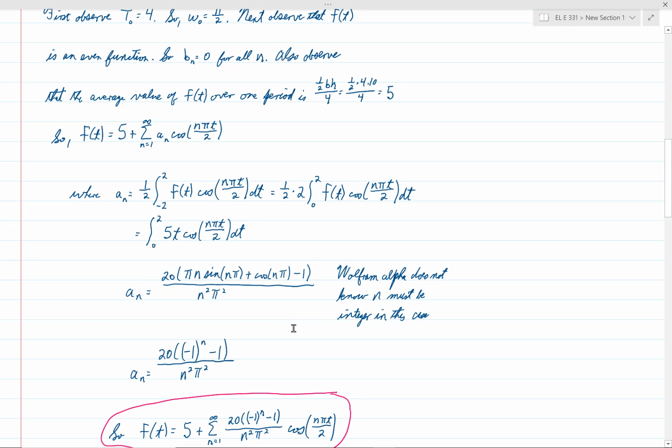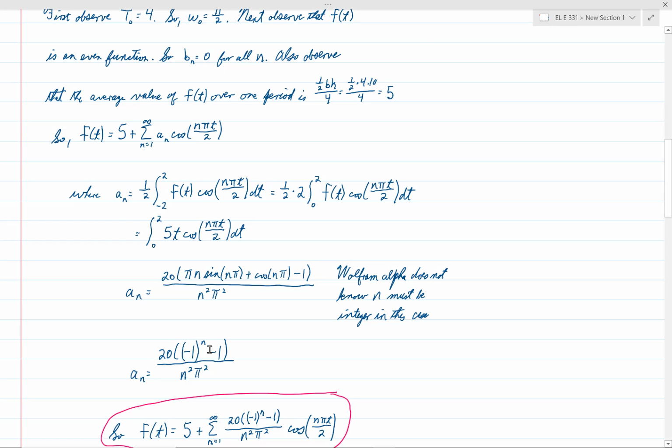Now that may not be obvious to you at first, but think about it. When n is equal to 0, you have cosine of 0, which is 1. When n is equal to 1, we have cosine of pi, which is negative 1. When n is equal to 2, we have cosine of 2 pi, which is 1. And when n is equal to 3, we have cosine of 3 pi, which is negative 1. So whenever n is even, we get 1. Whenever n is odd, we get negative 1.